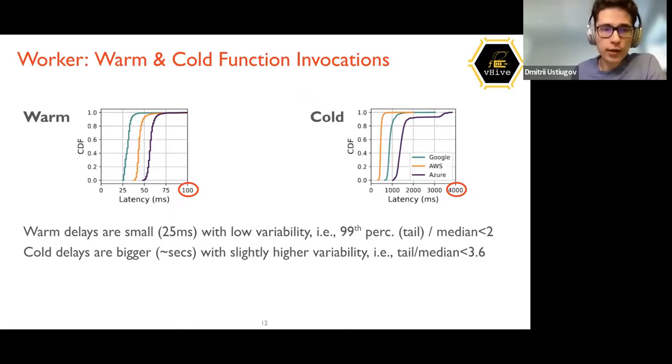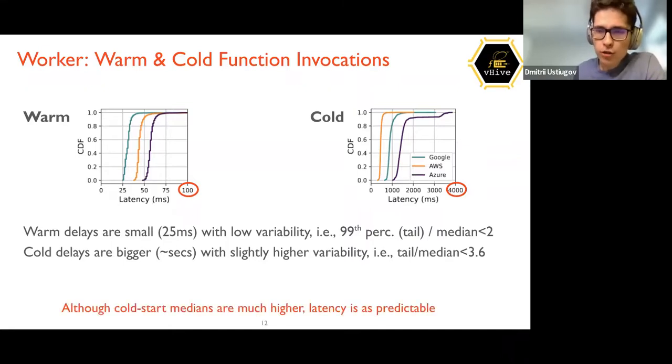And note that the x-axis have different scale because cold invocations are much slower. So one can see that warm invocations are much faster than the cold invocations, but in both cases, variability that we measure as a 99th percentile, or often referred to as tail latency, is not so far from the median. So the latency is actually quite predictable.